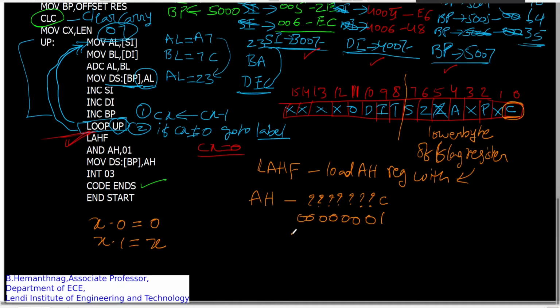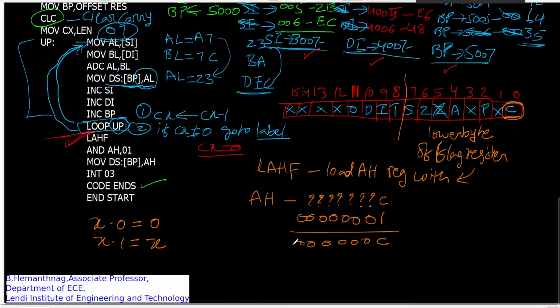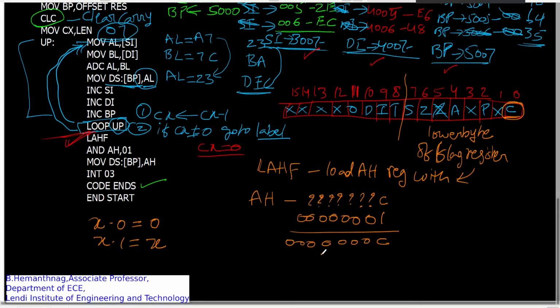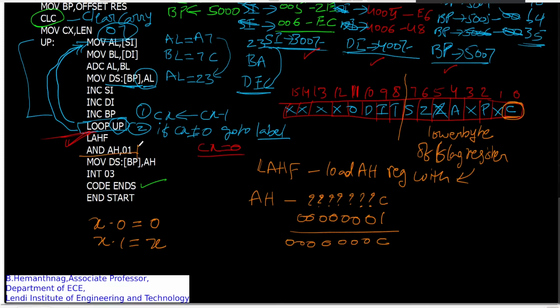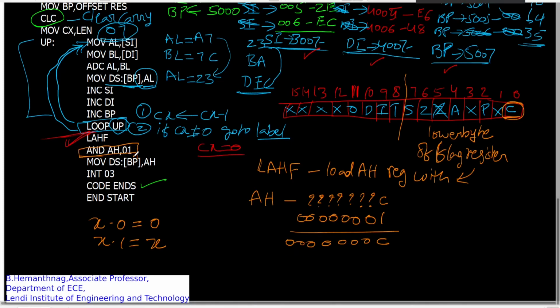So I get only carry and the rest of the bits will be 0. This is performed by the instruction AND AH, 01. When I say 01, this is the 0 and the 1, if I take these 4 bits as 0 and these 4 bits as 1.